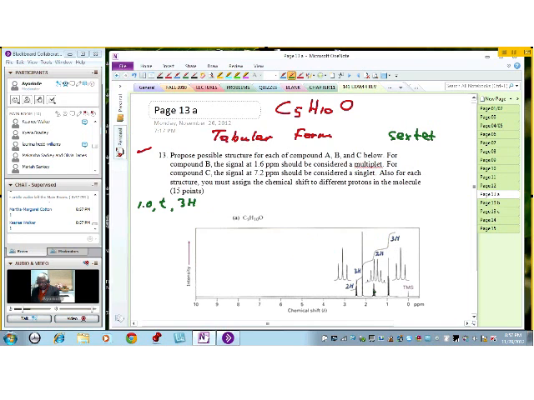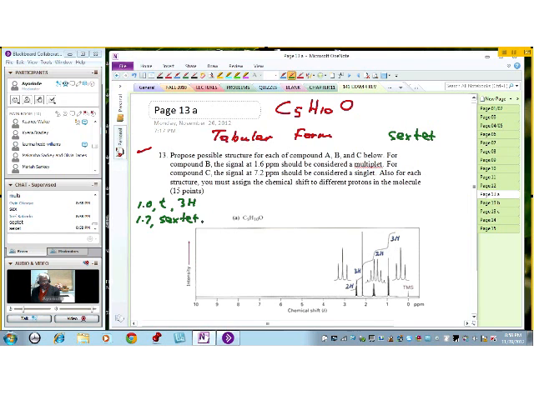What is the next one? This one here. What is the chemical shift? Okay, 1.7, good. The multiplicity. 1.7, 1.8. Sextet. Okay, multiplet, very good.